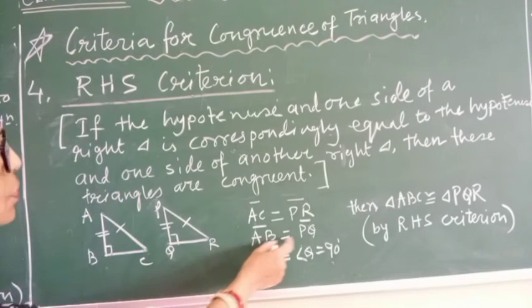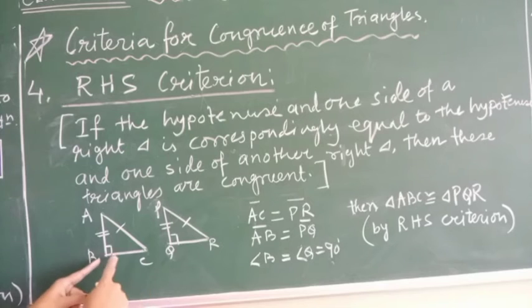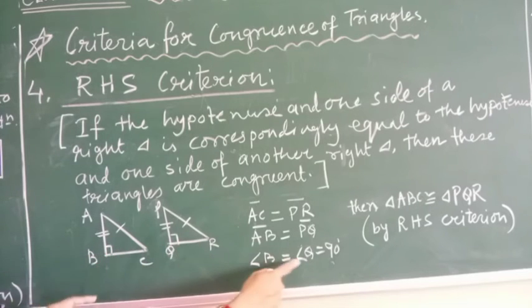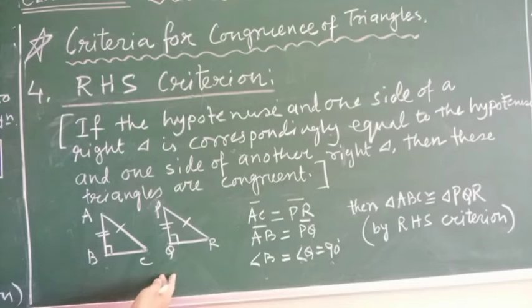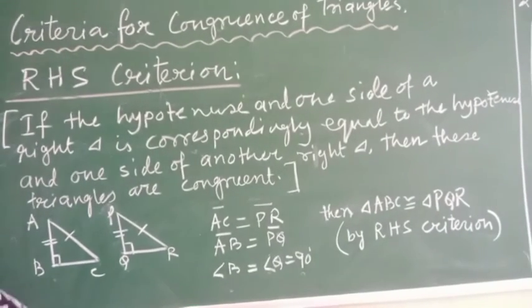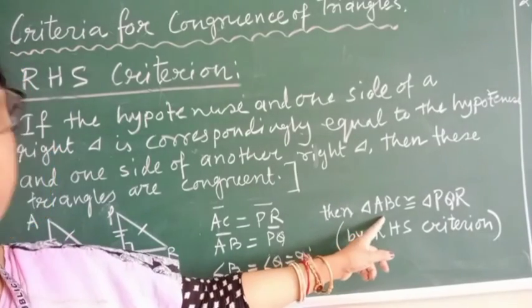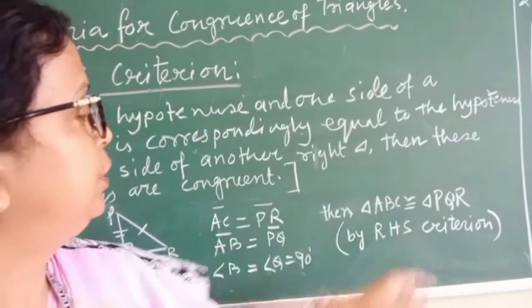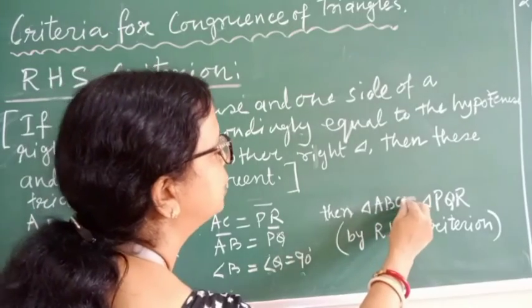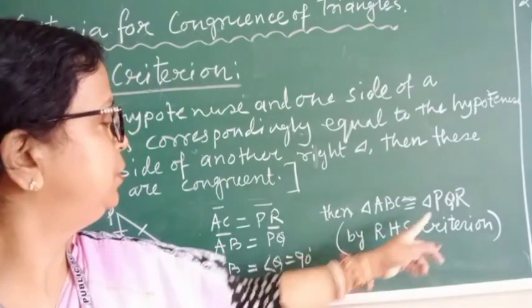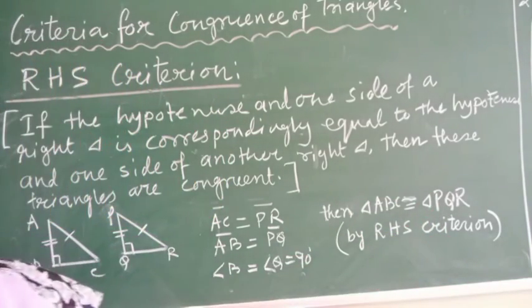Also angle B and angle Q are 90 degrees because both are right triangles. In that case, we can say that triangle ABC is congruent, this is the sign of congruency, to triangle PQR by RHS criterion.